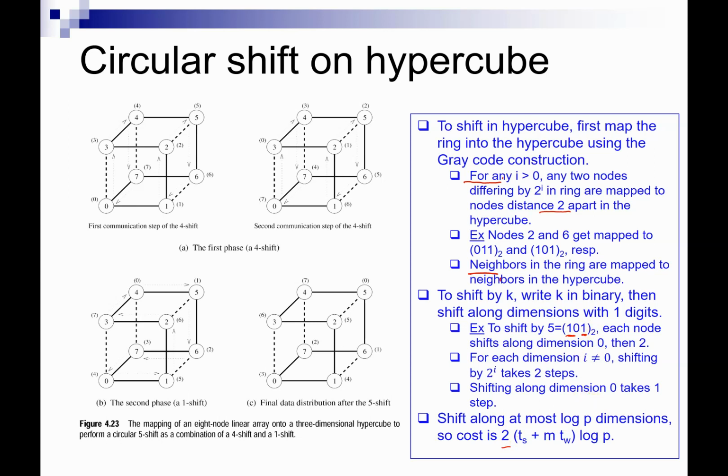And when you shift, there's no congestion for the shift, so you can do the shift in this amount of time. In total, you need to shift log p times for log p digits. So the total amount of time is this expression over here.